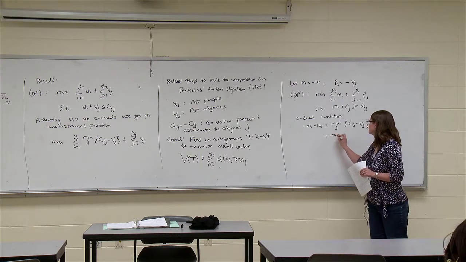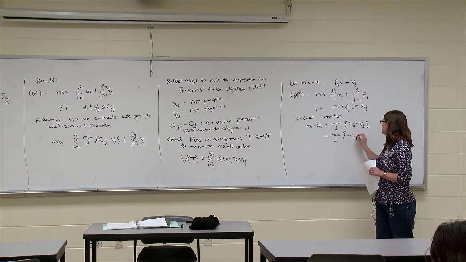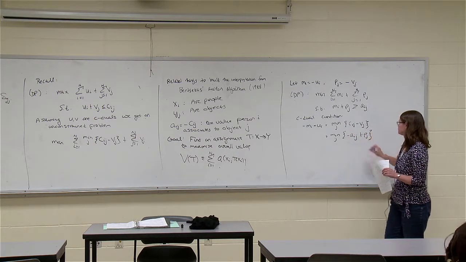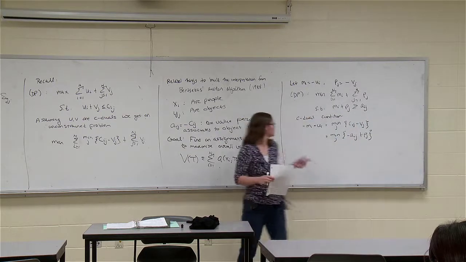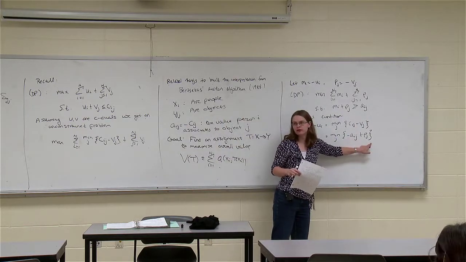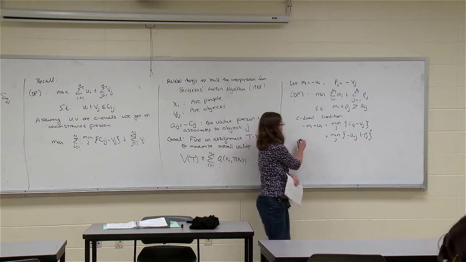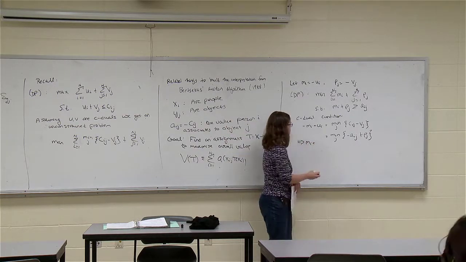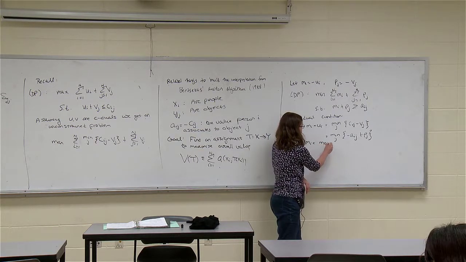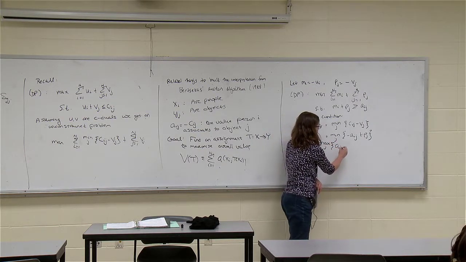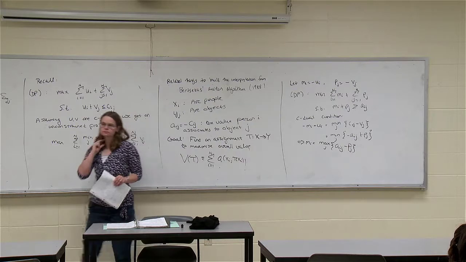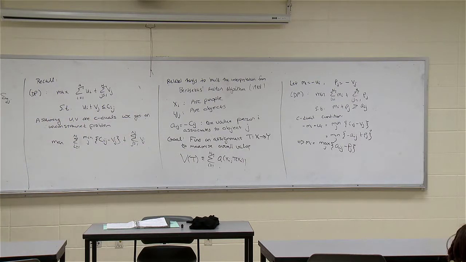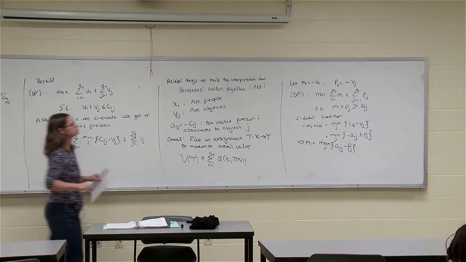That's the min of minus a_ij plus p_j. So if I want to solve for m in terms of p, there's a relationship between m and p. m_i is going to be minus the min, so that's the max of a_ij minus p_j.